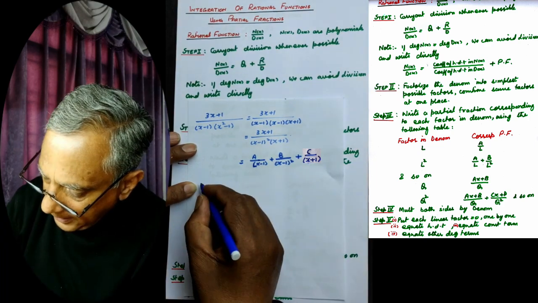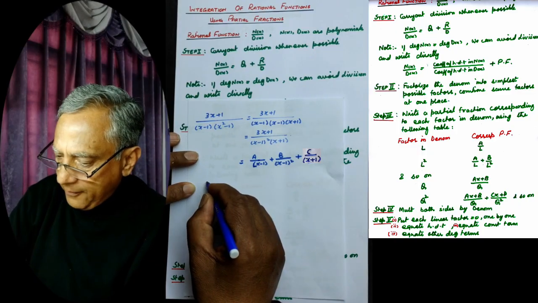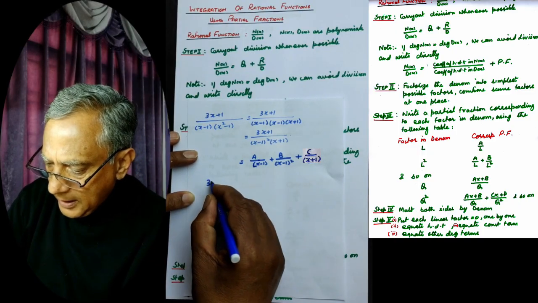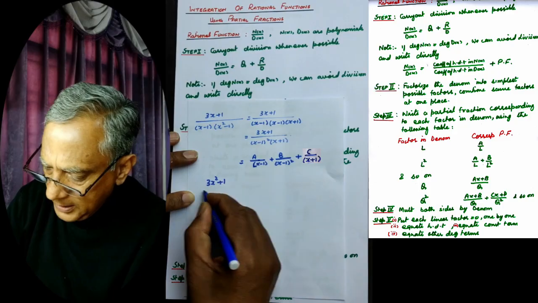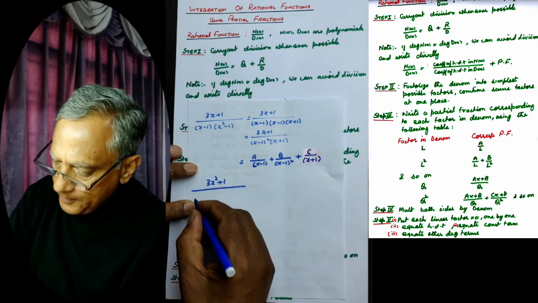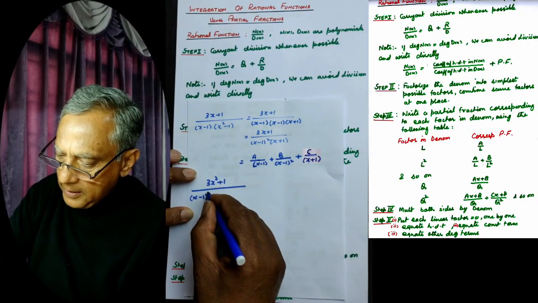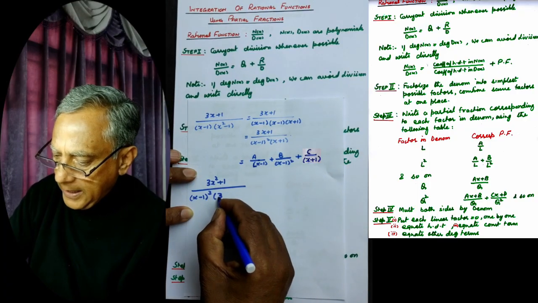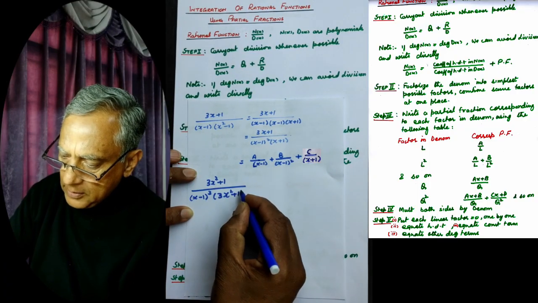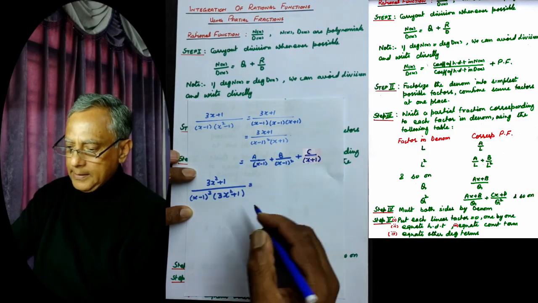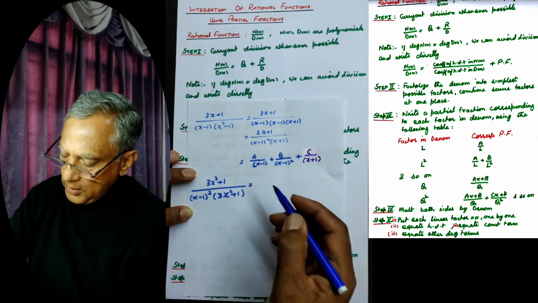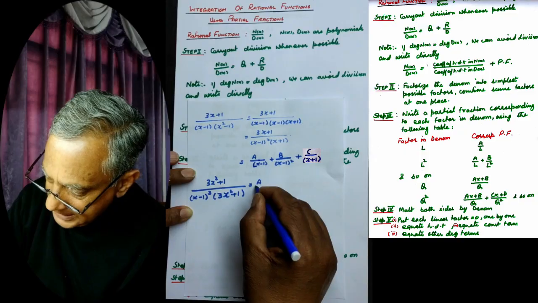One more example, say we have 3x square plus 1 whole divided by x minus 1 whole cube into 3x square plus 1. Then this can be written as A over linear.